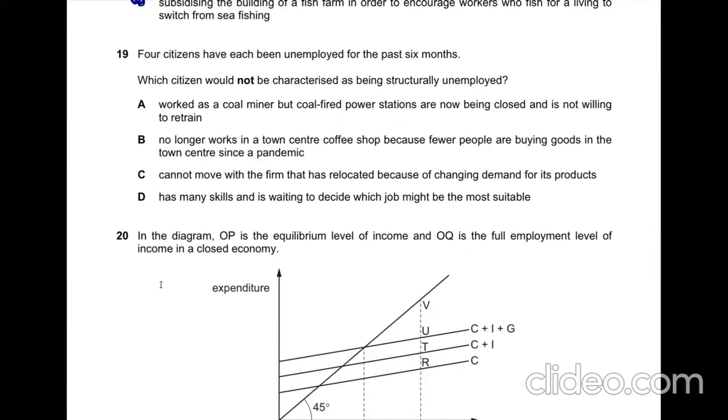For A, it's happening due to relocation, yes. And B, again, the demand is gone. C is the immobility issue. Yes, again, it is an example of structural unemployment. But D is the only option I can choose because it is an example of frictional unemployment.